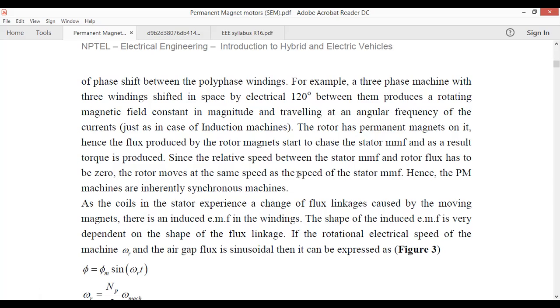Even when the rotor has a DC excitation, with an AC supply on the three-phase winding, it comes under the category of synchronous machines.